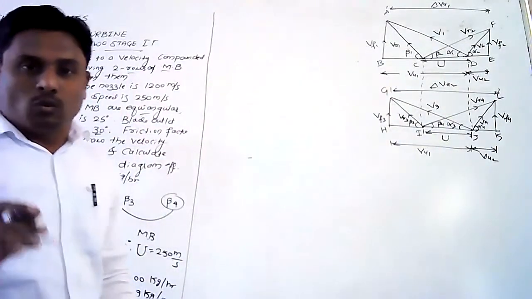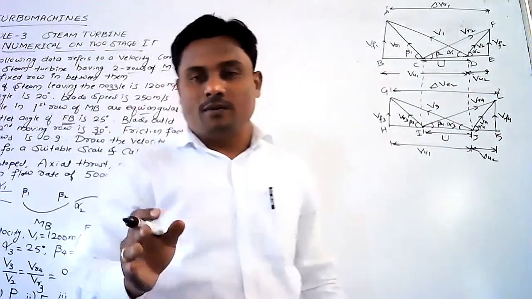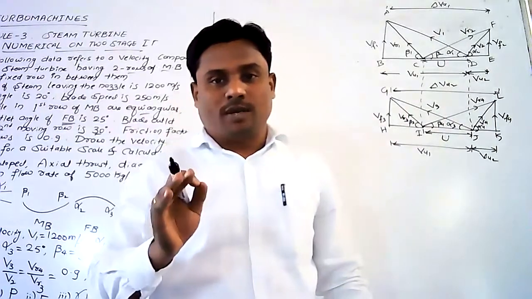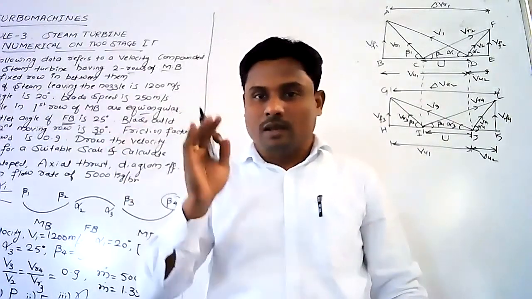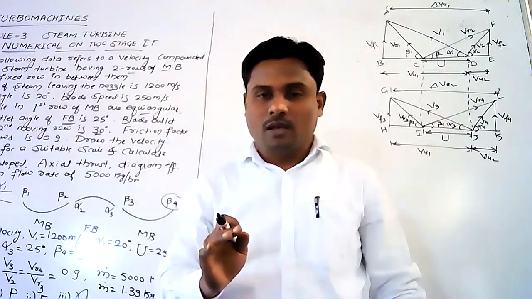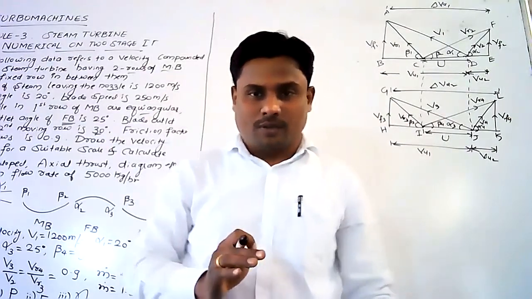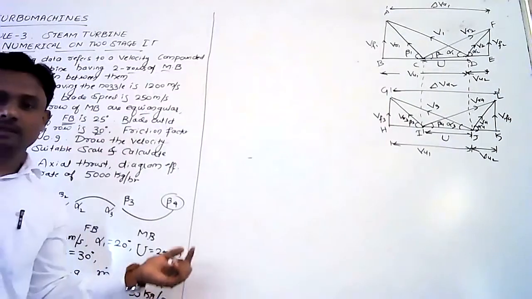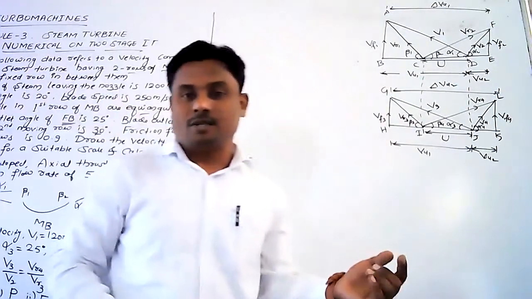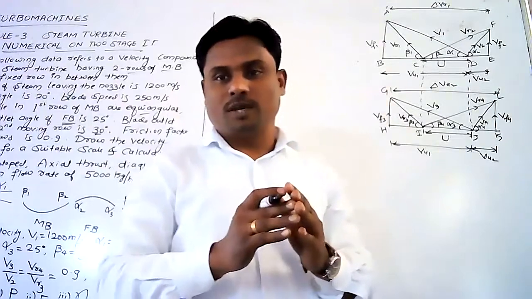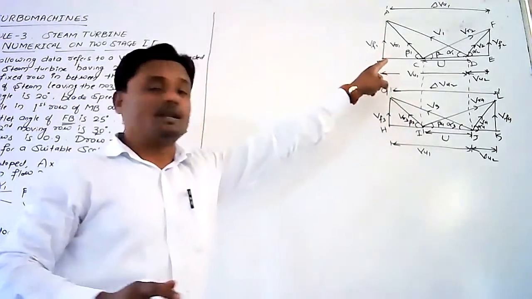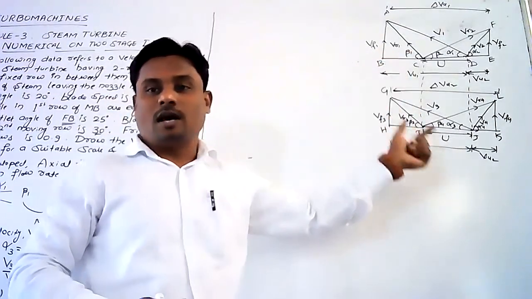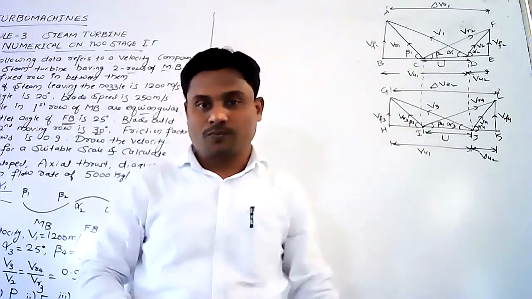Now in the two-stage impulse turbine, we have two types of numericals, type 1 and type 2. Listen here carefully. If the blade velocity u is given, then we have to start the sketching from stage 1 and complete it at stage 2.